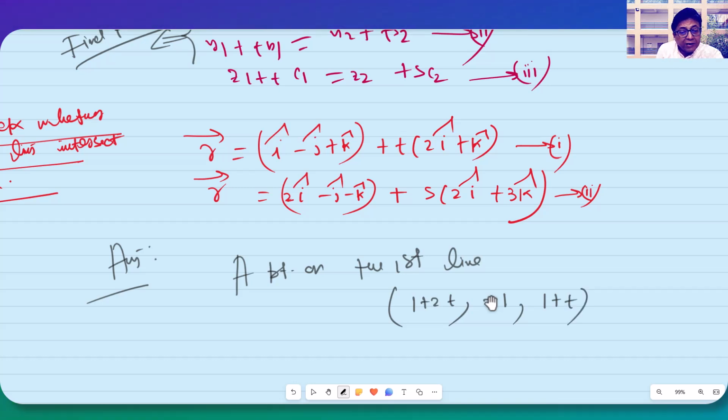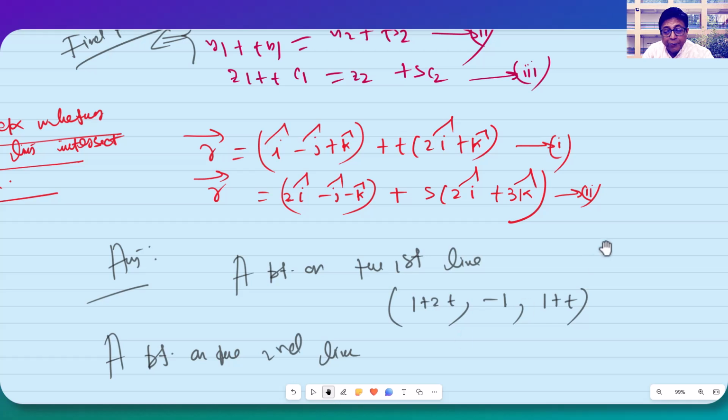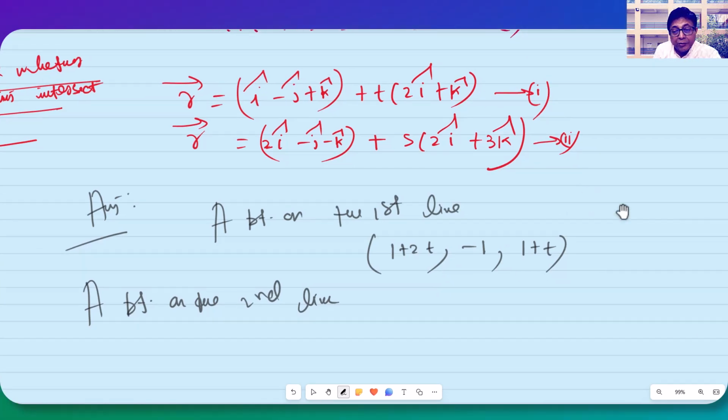T is the scalar, and a point on the second line will be what? If you take a point on the second line, it is going to be 2 plus 2s, again minus 1, and minus 1 plus 3sk.